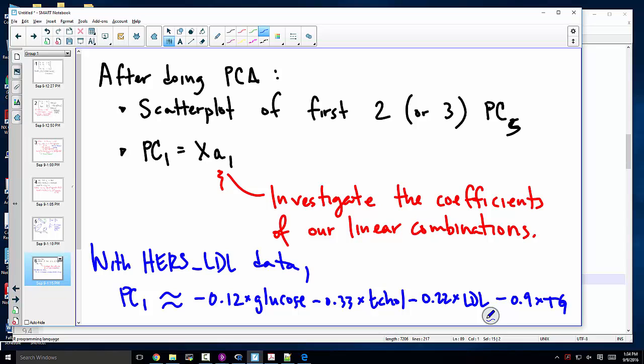So I'm essentially ignoring all the low magnitude coefficients and saying, roughly speaking, PC1 is this.